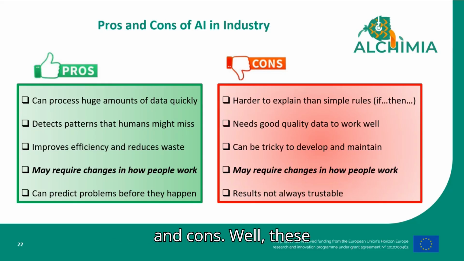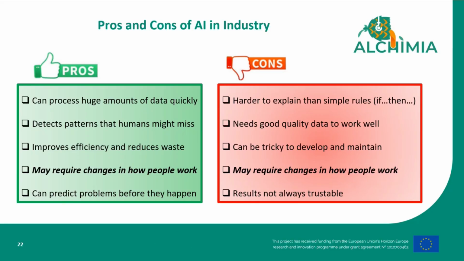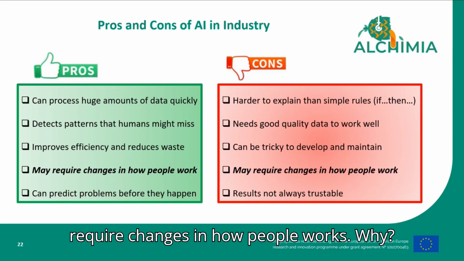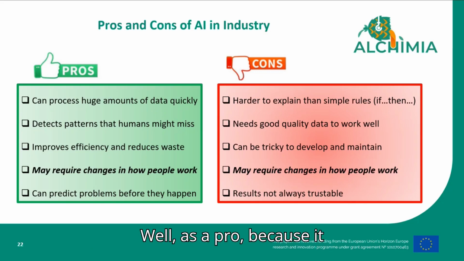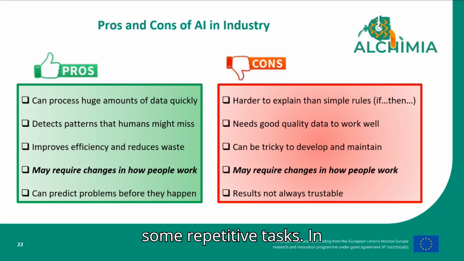These methodologies, as happened when we introduced robots in production, require changes in how people work. Why? As a pro, because it helps us, for example, by avoiding some repetitive tasks.